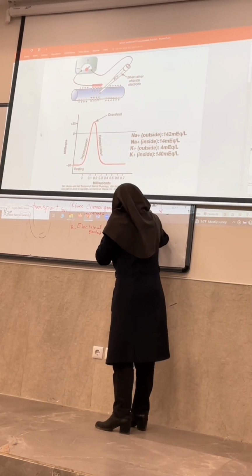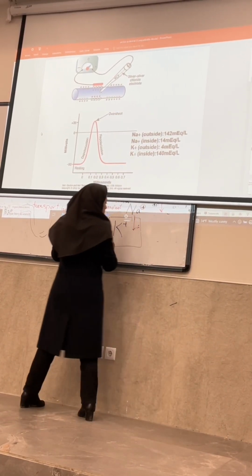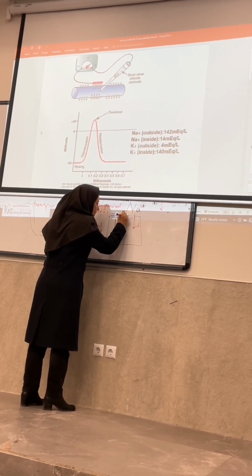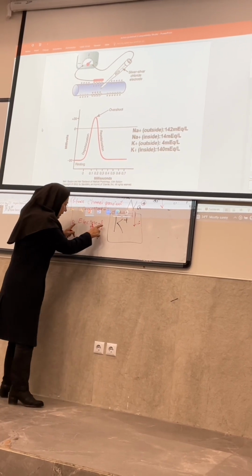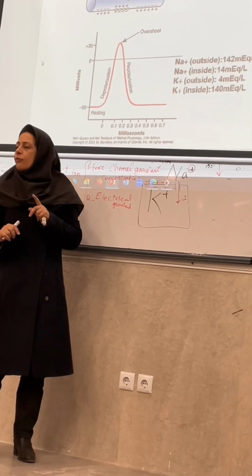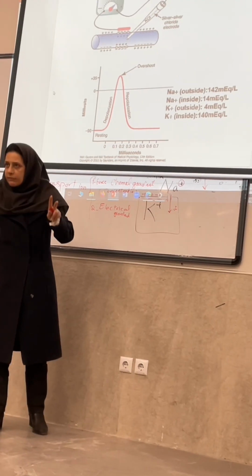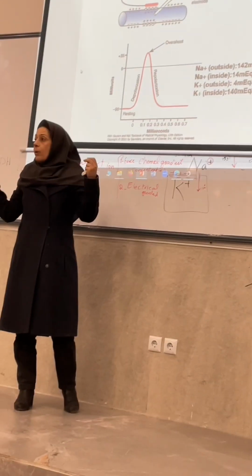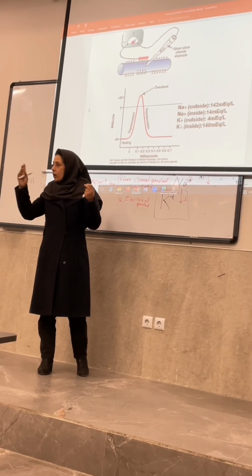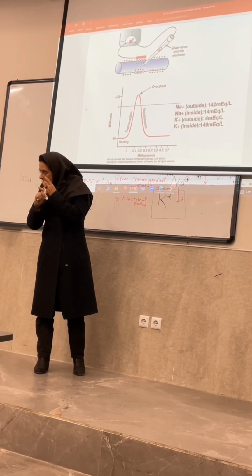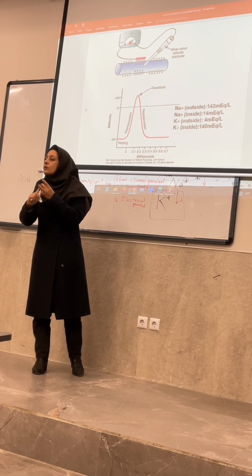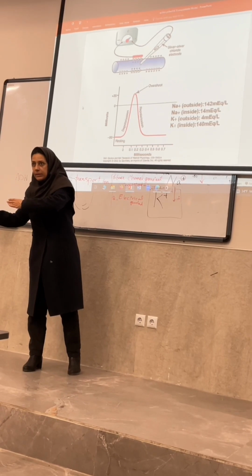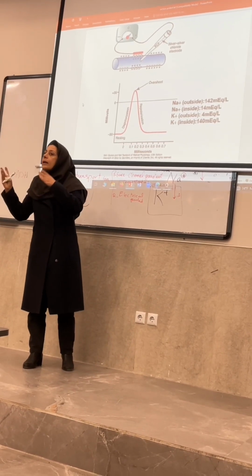But because sodium has a positive charge, and we know that inside is negative and outside is positive, we have also an electrical gradient. For example, for glucose, because glucose doesn't have any charge, we have only chemical gradient according to concentration. But for ions, because they have not only some concentration but also some charges, we have two forces. One according to the chemical, the other one according to electrical.